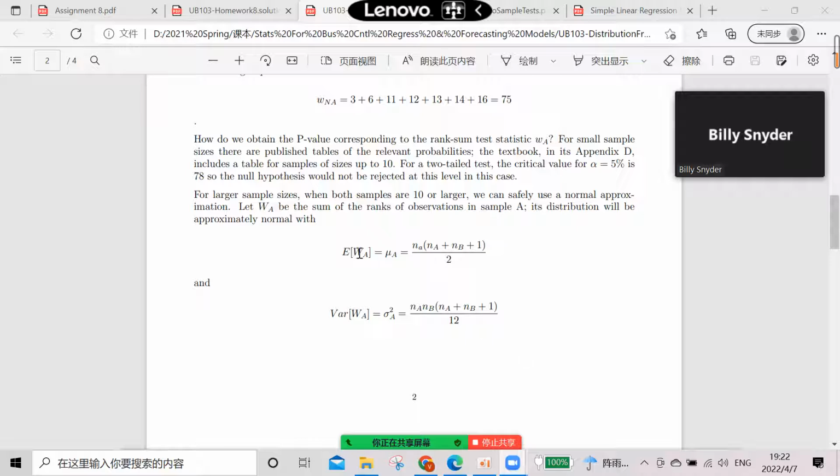So basically, you need to calculate the expected rank of Cornwall, for example, and then the variance of the ranks of Cornwall. And if you remember, a z-score is just the observed number minus the expected number under the null hypothesis, divided by the standard deviation. That is your z-score, right?